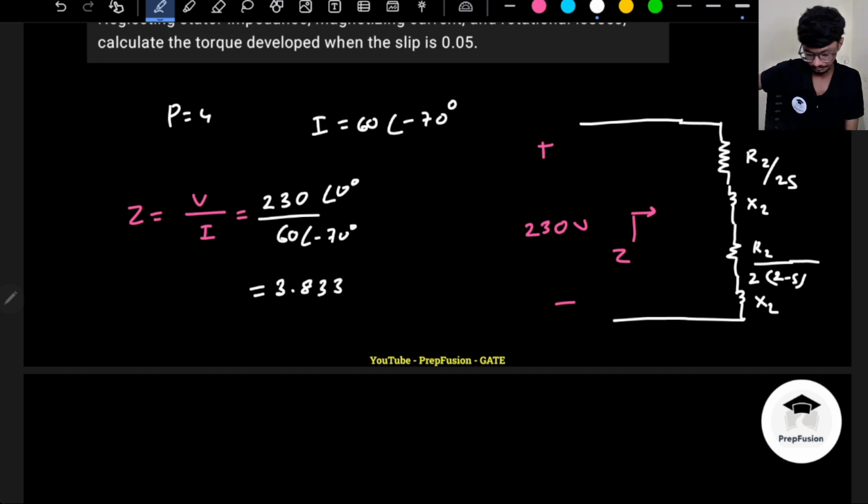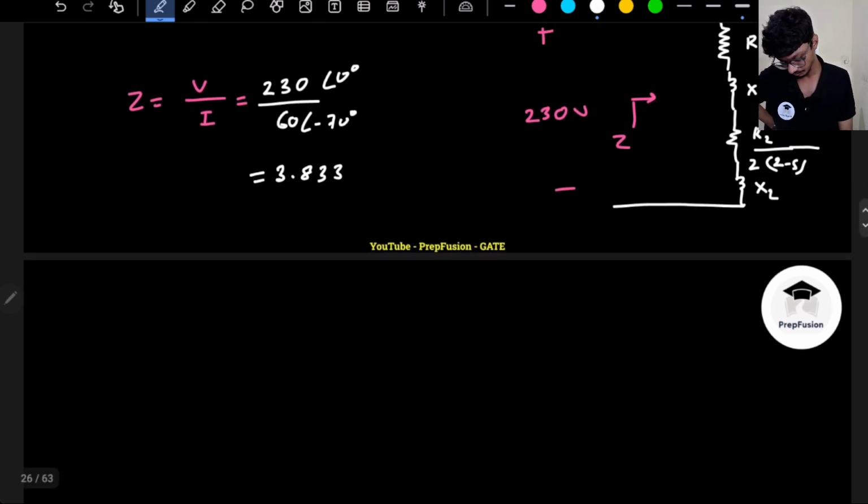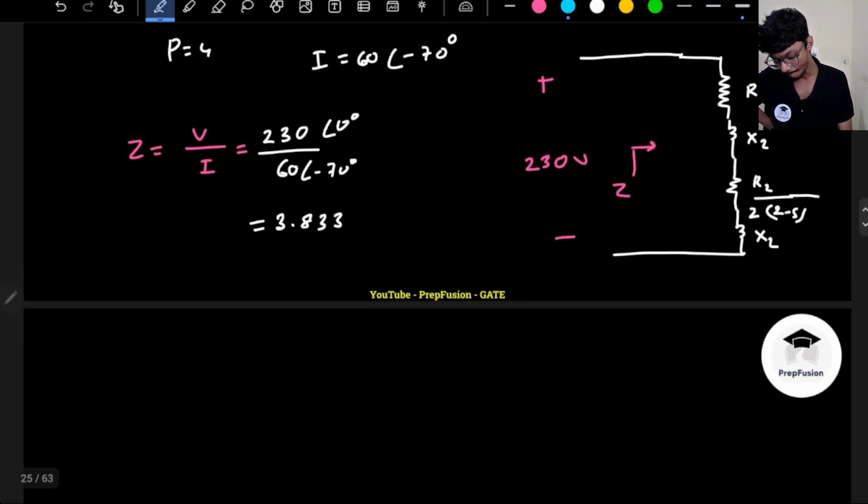Now what will be the values here? This is my impedance, and the power factor angle is plus 70. So I can break this down into real and imaginary parts.